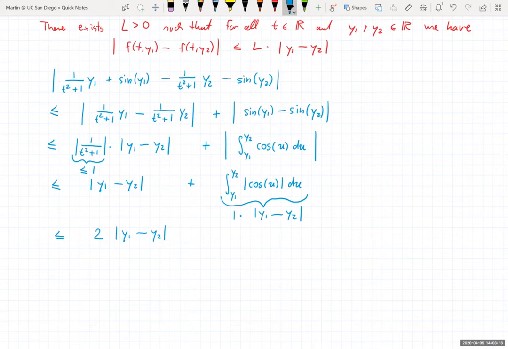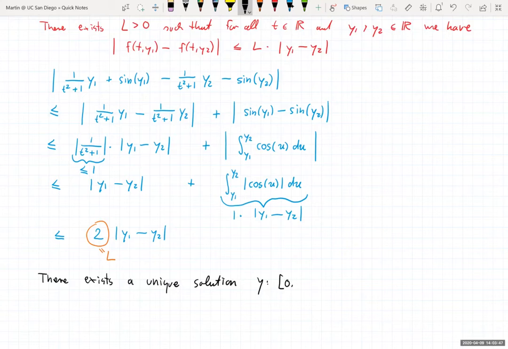In particular, this is my constant L. So the conclusion is there exists a unique solution y which starts at 0 and goes on to infinity.